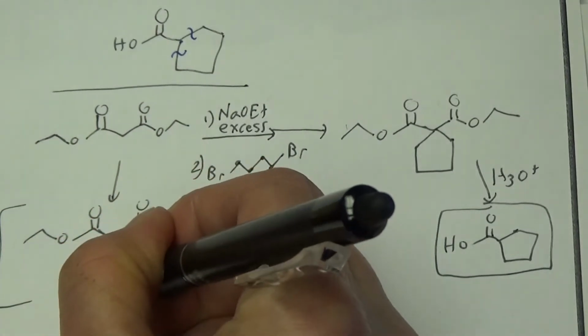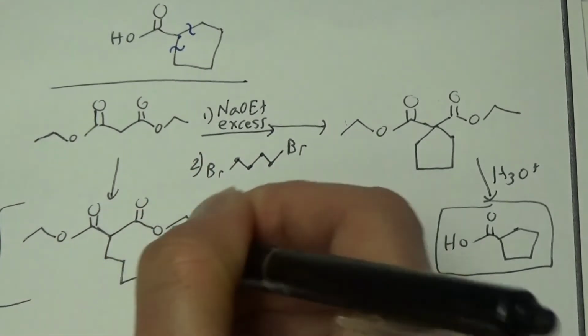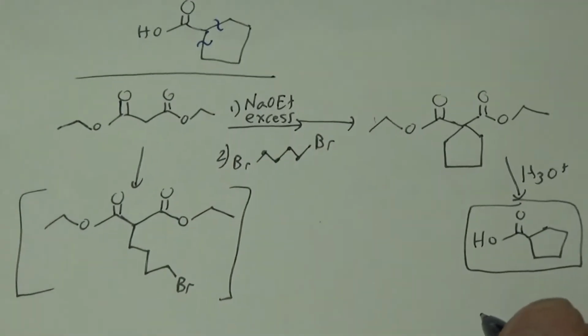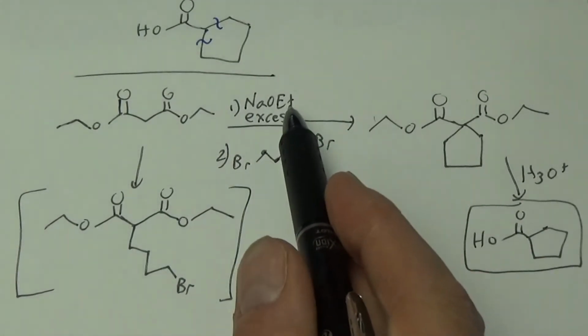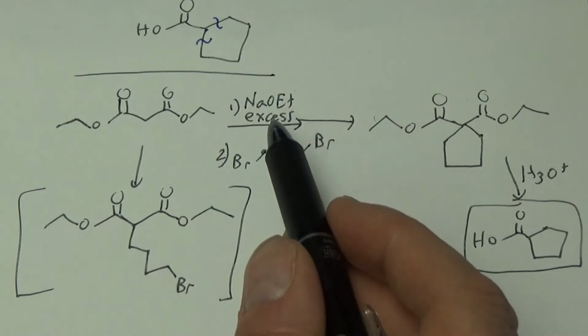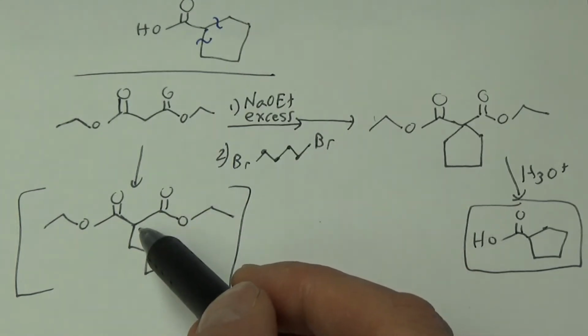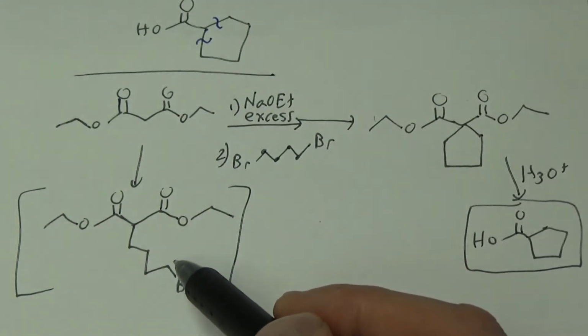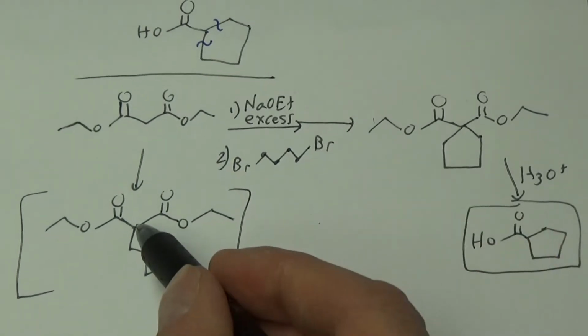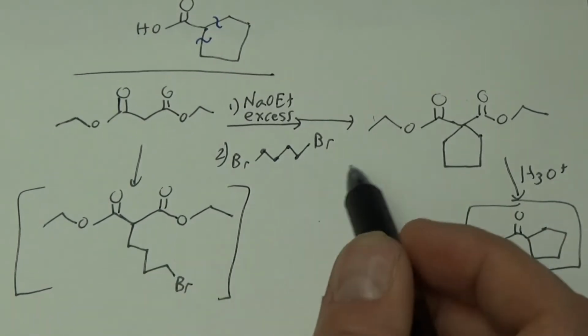Carbon, carbon, carbon, carbon, bromine. And then with that excess base that we have initially, the excess base will take the second proton off, and then that carbon will attack, and then it'll make the 1, 2, 3, 4, 5-member ring that we see there.